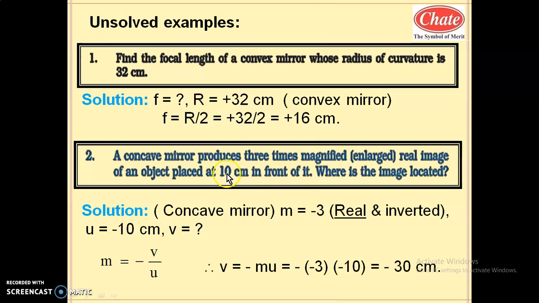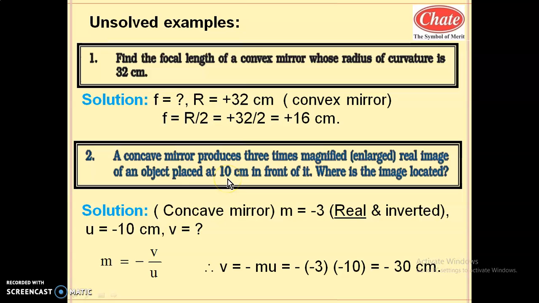Where is the image located? Where is the image located means we have to find the V, and this 10 centimeter is the position of the object. The object is placed at 10 centimeter in front of it.